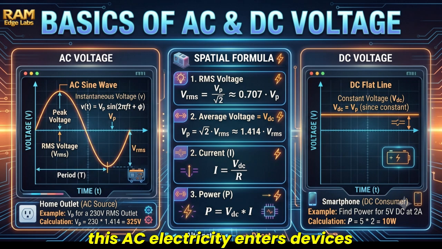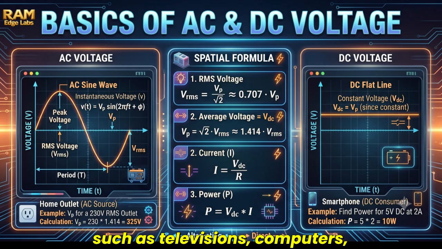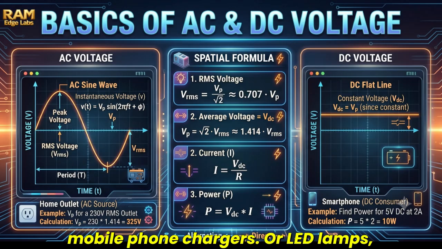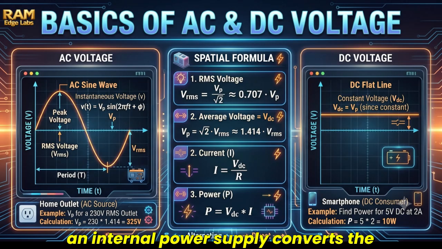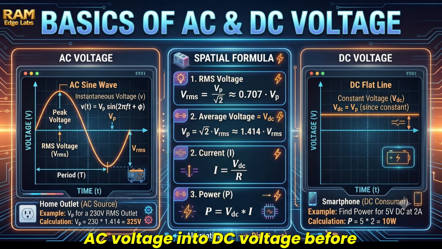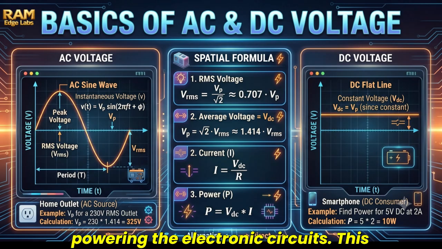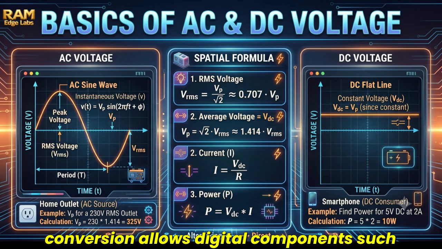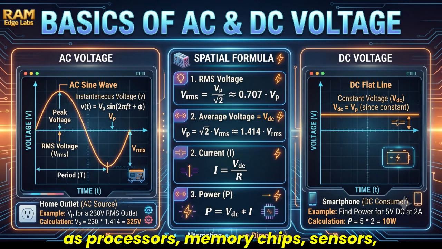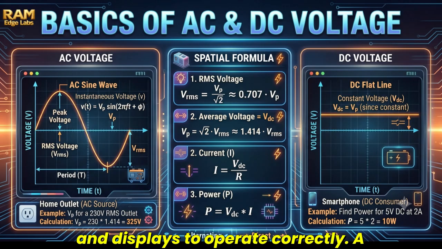When this AC electricity enters devices such as televisions, computers, mobile phone chargers, or LED lamps, an internal power supply converts the AC voltage into DC voltage before powering the electronic circuits. This conversion allows digital components such as processors, memory chips, sensors, and displays to operate correctly.